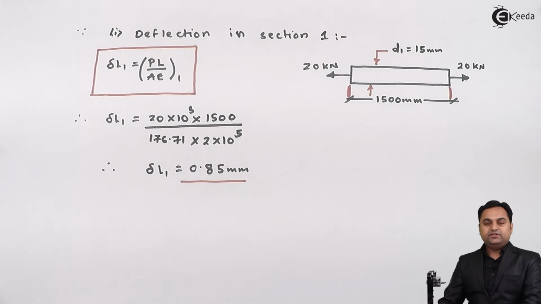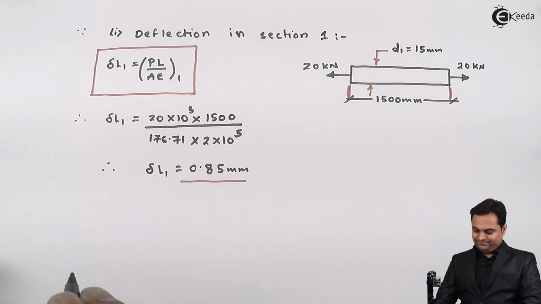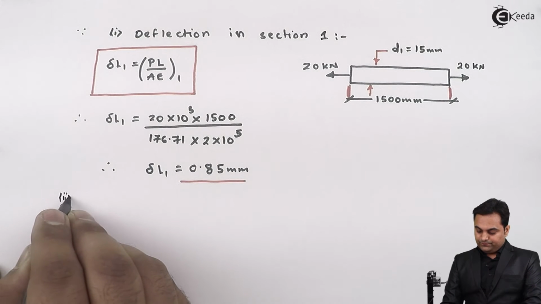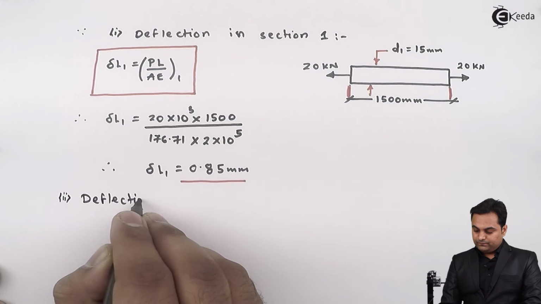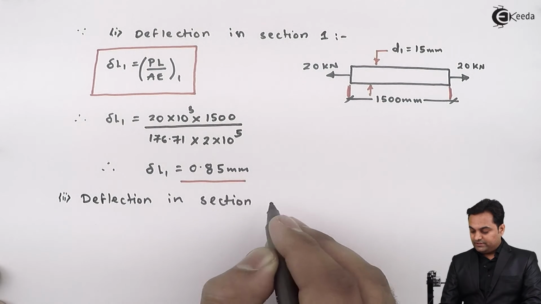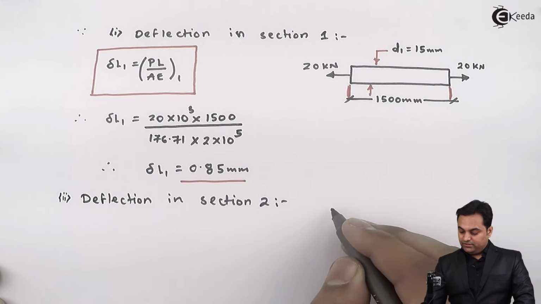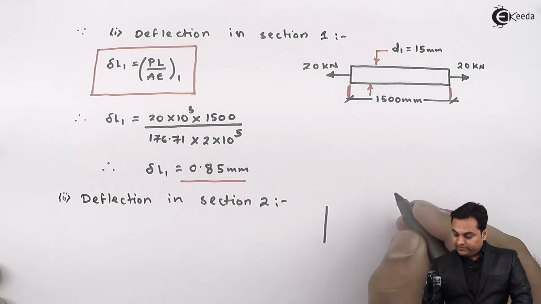After getting deflection in the first section, I'll calculate deflection in the second section. So deflection in section second, and here the diameter is 50, length is 2500.